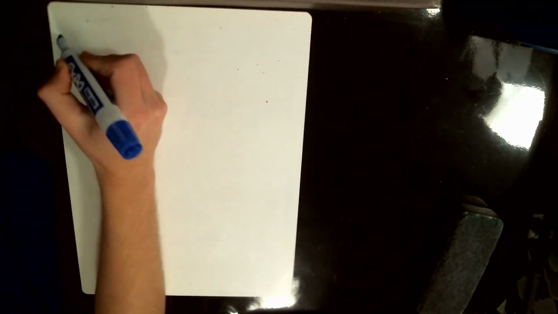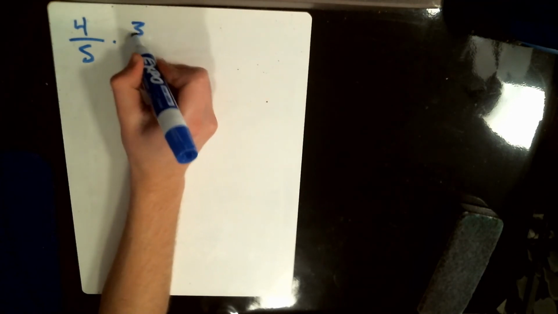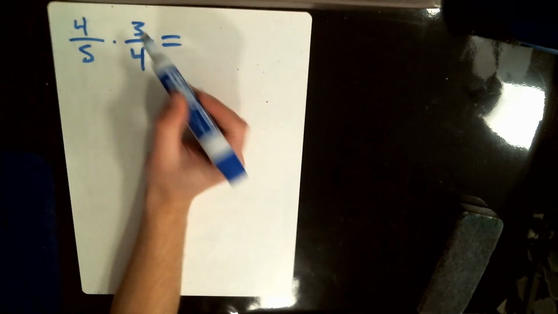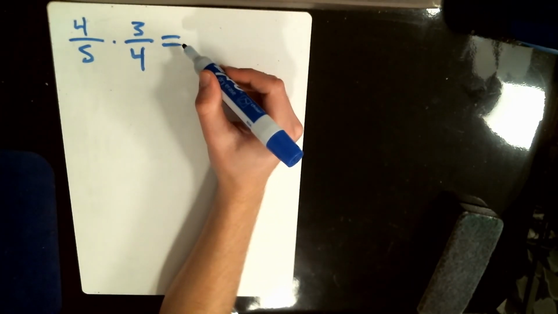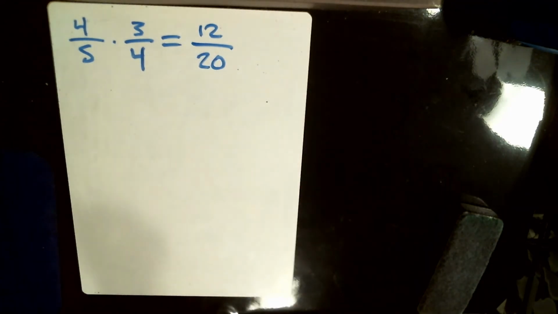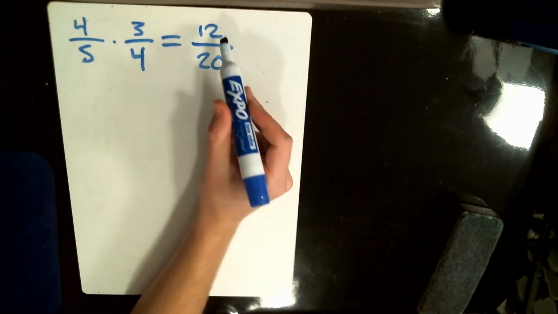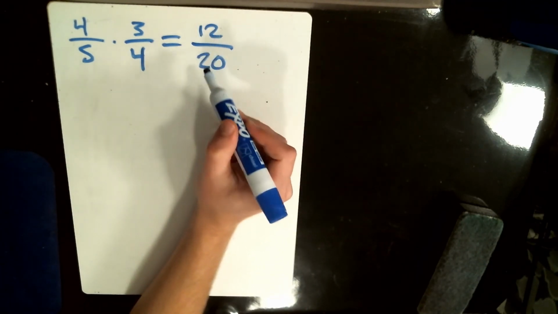Okay, so let's just look at an example. We're going to start with, let's just remember, how do we multiply fractions? If I've got like 4/5 times 3/4, what do you do? You multiply straight across, right? So it's going to be 12 divided by 20 here. And now I could simplify that, right? We could think, what goes into 12?